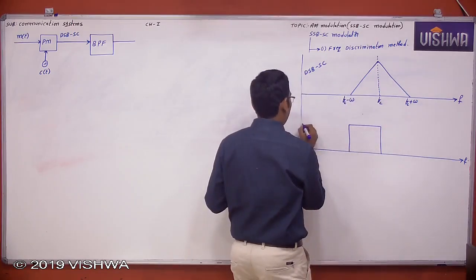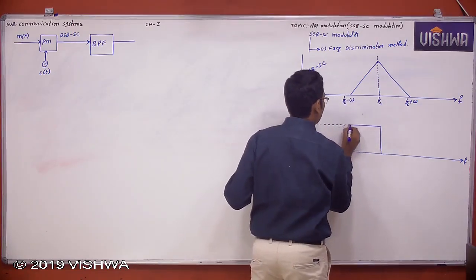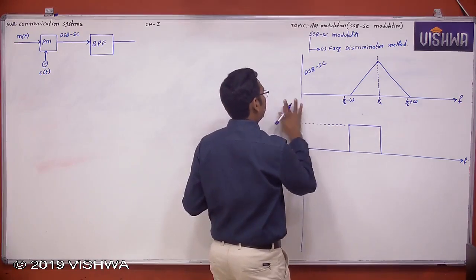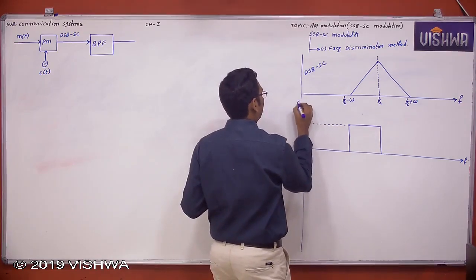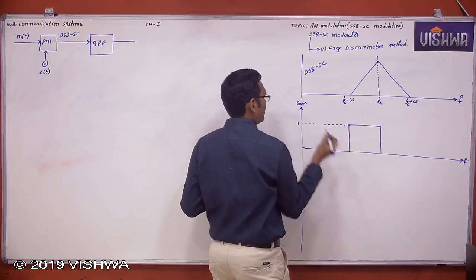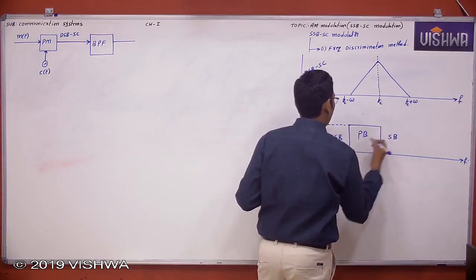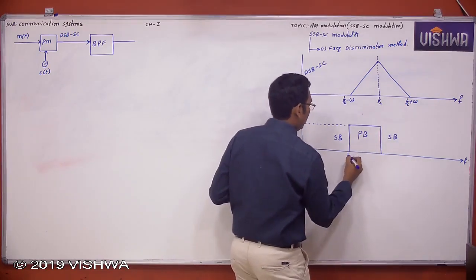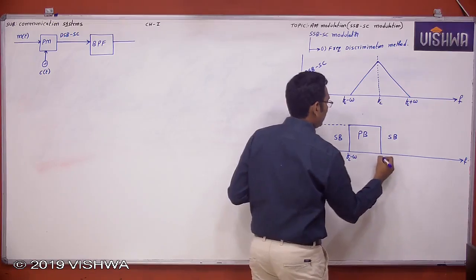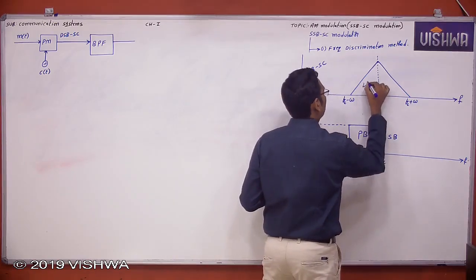This is the gain, this is the pass band, and this is the stop band. The stop band gain is multiplied with 0, the pass band gain is multiplied with 1. This is Fc minus omega to Fc.